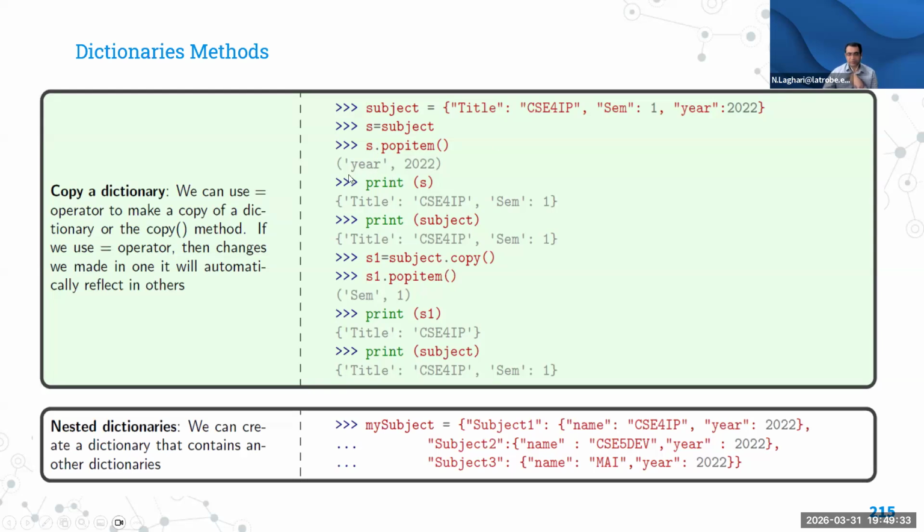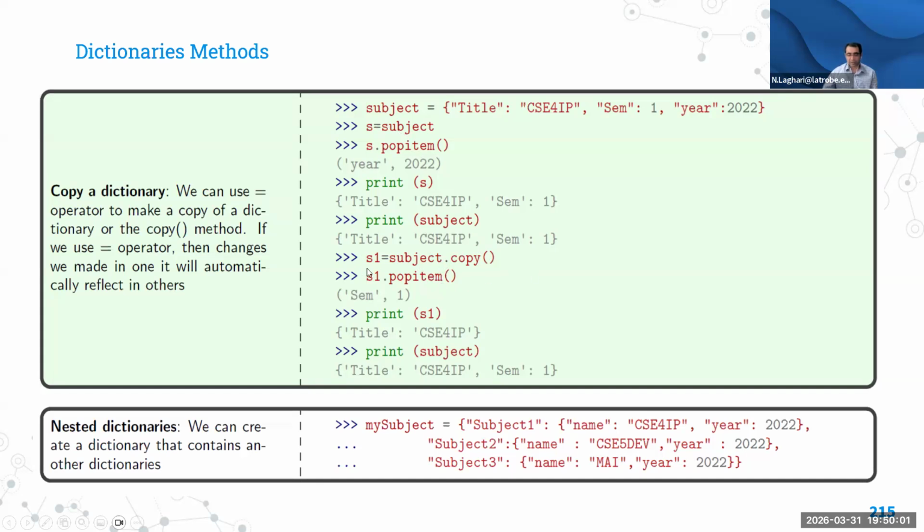The popped item, the year 2020 entry, was popped, and now print S, only the remaining items are printed, and print subject, title CSE 4 IP semester 1, that'll be printed. Okay, because they are practically the same dictionary, S and subject, because they were sharing the reference.